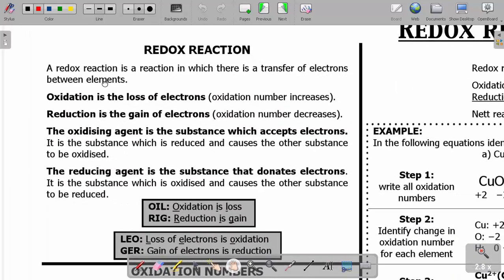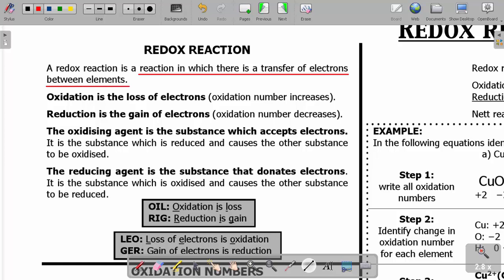What's a redox reaction? It's a reaction in which there is a transfer of electrons between elements. So students are going to say, define a redox reaction. What will you tell them? That it is a reaction in which there is transfer of electrons between elements.